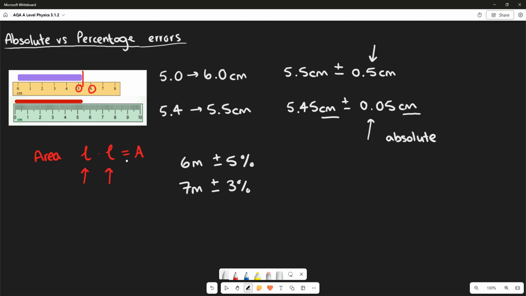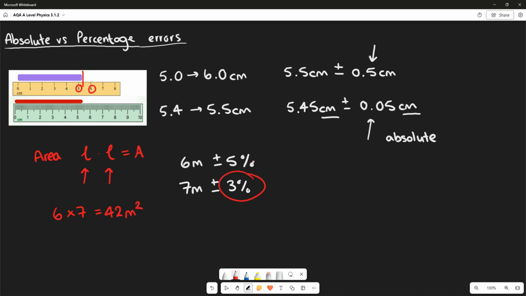When you are multiplying or when you are dividing numbers together, you add the percentages. So for example, with this one, I would have 6 meters times 7 meters, and that would give me my answer, 42 meters squared.